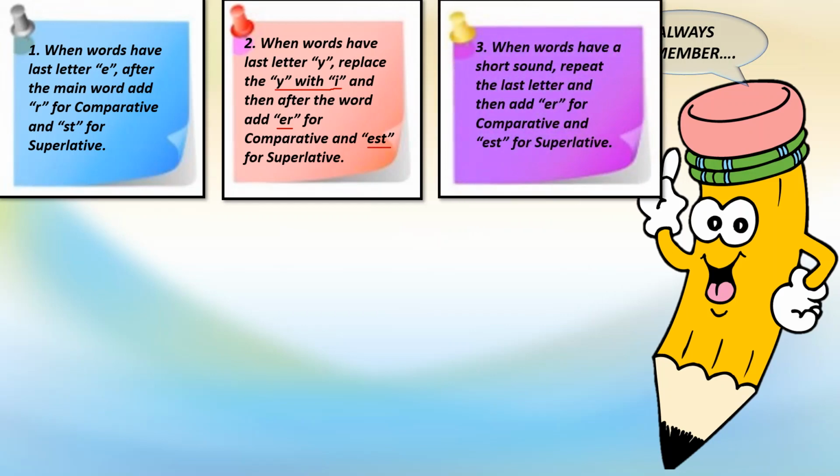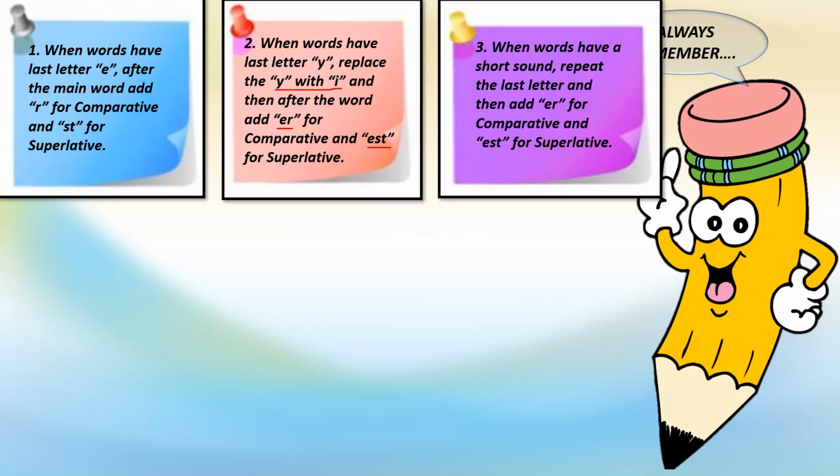Next we discussed rule number 3, which said that when you have words or adjectives which have a short sound, that is which have only one vowel, before you convert that positive adjective to comparative or superlative, you are going to repeat the last letter of that positive degree adjective.